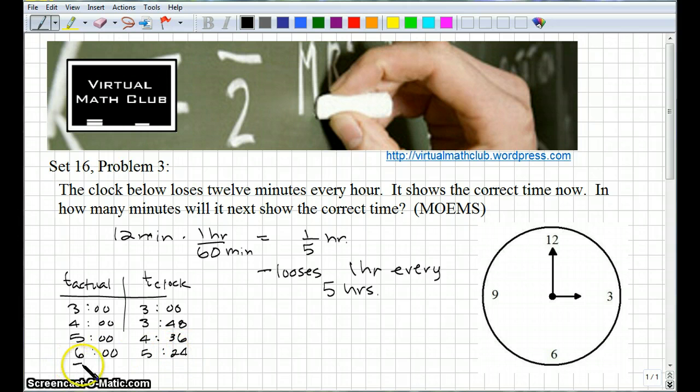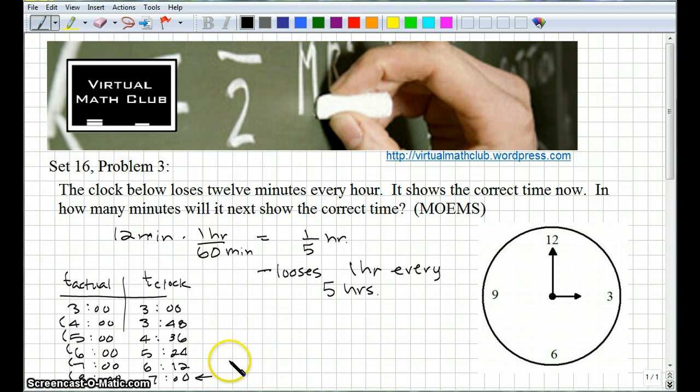And at 7 o'clock, it loses another 12 minutes, so it's going to say that it's 6:12. And then finally, at 8 o'clock, the clock is going to say that it's actually 7 o'clock. Okay, so after 1, 2, 3, 4, 5 hours, it's behind a whole hour, right?